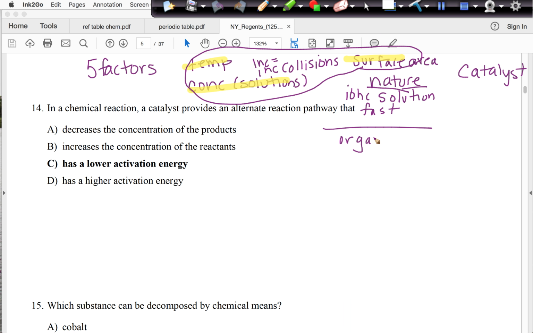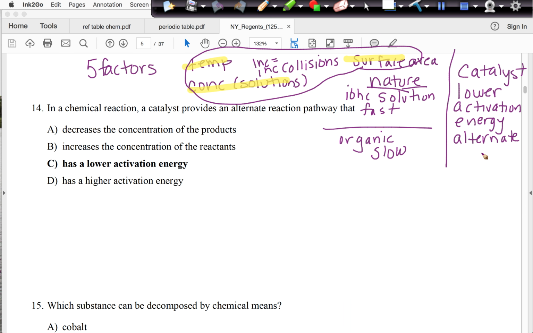Organic compounds are naturally slow based on their necessity for a high activation energy. A catalyst, however, speeds up a reaction by lowering the activation energy, and it does this by creating an alternate reaction pathway.